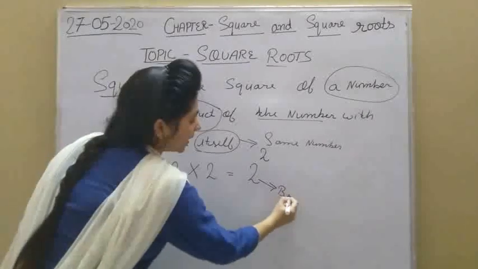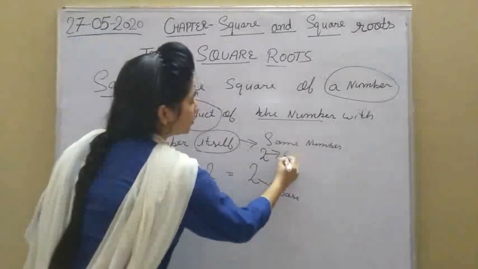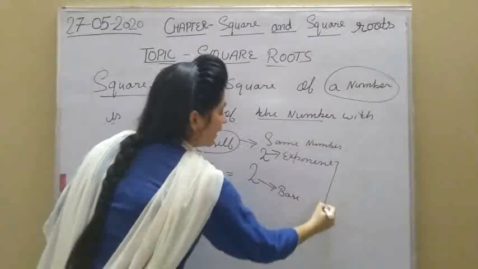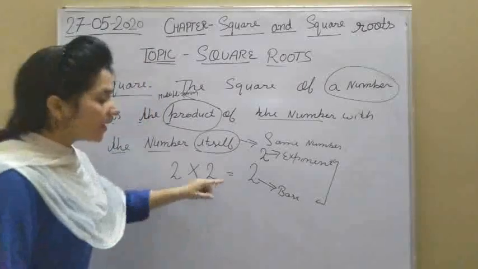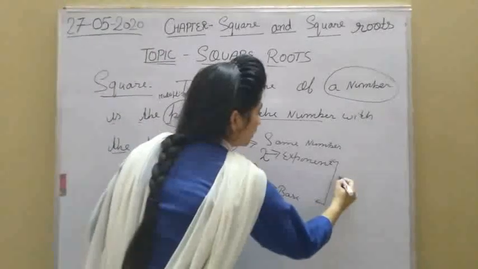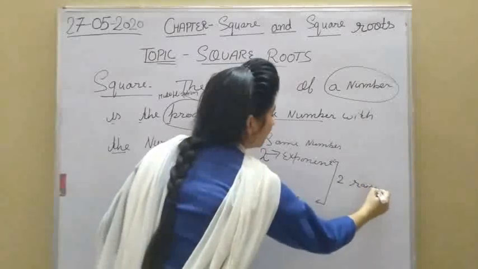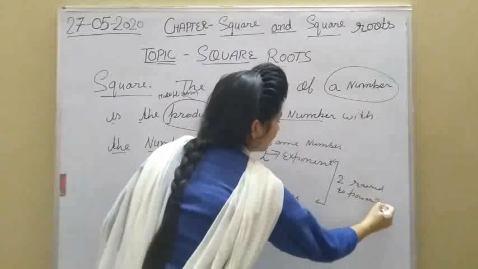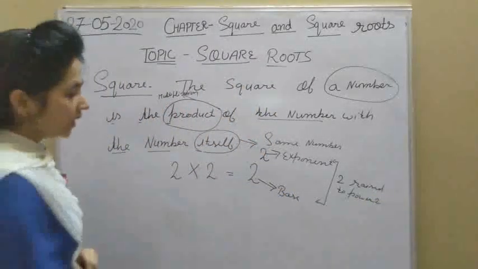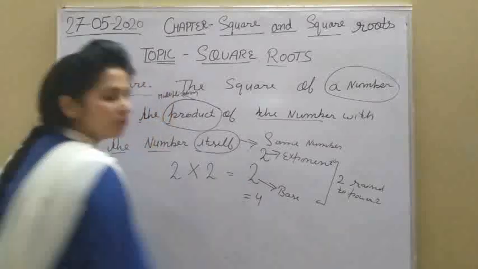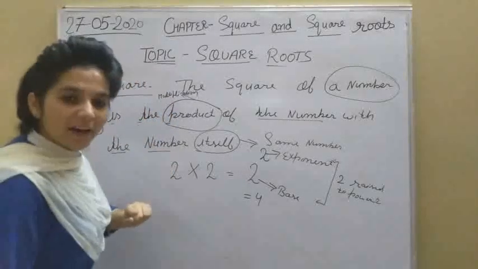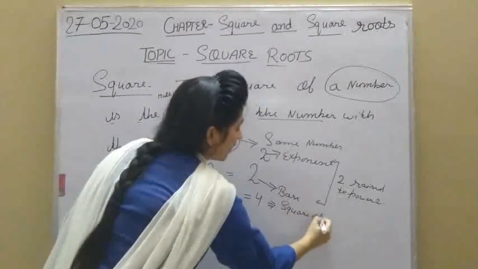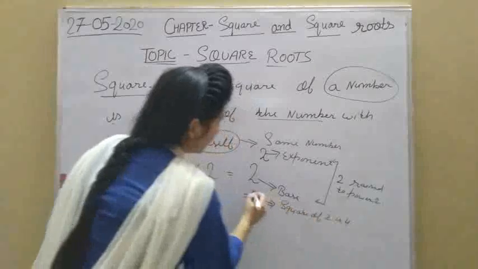Here 2 is the base and this 2 is known as the exponent, and we will read it as 2 raised to power 2. It will be equal to 4. So we can write the square of 2 is 4.